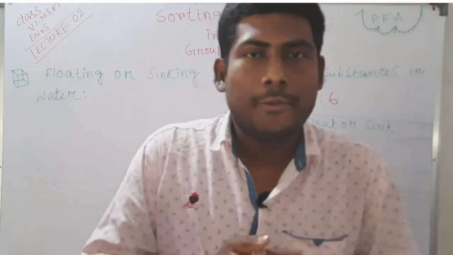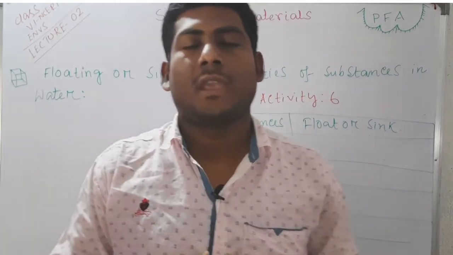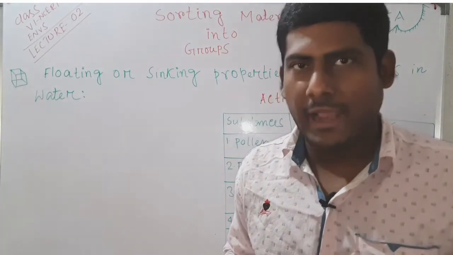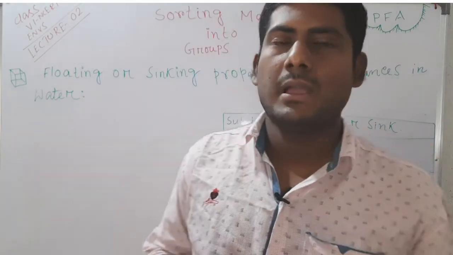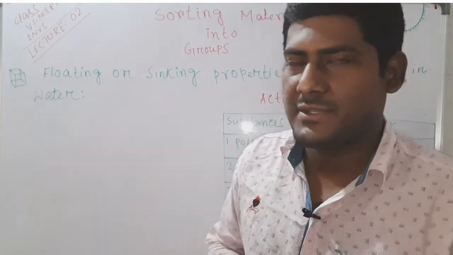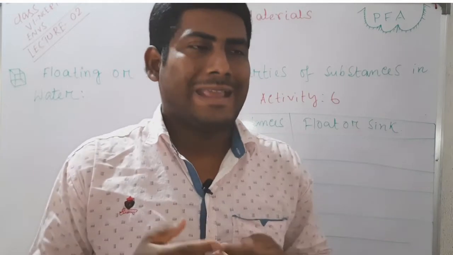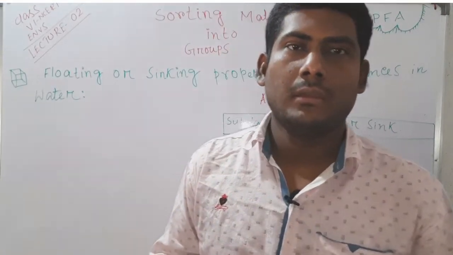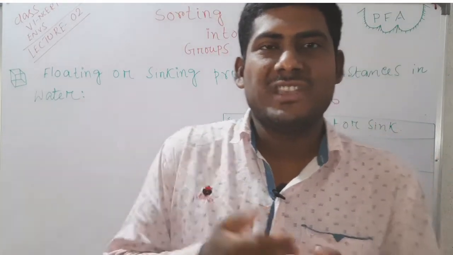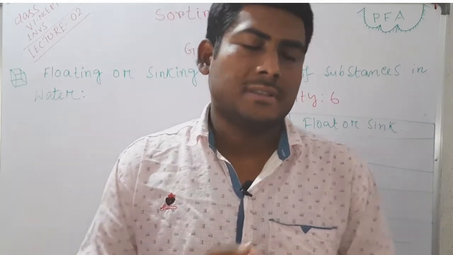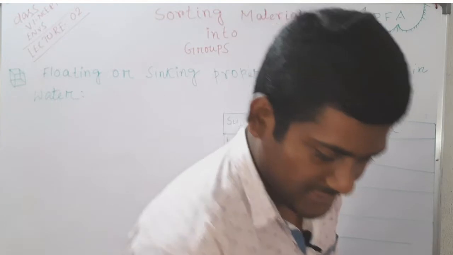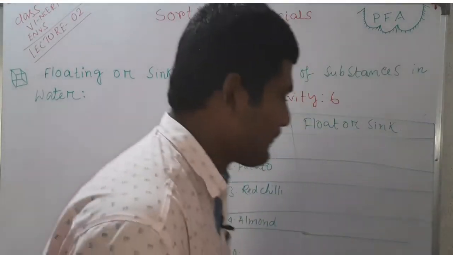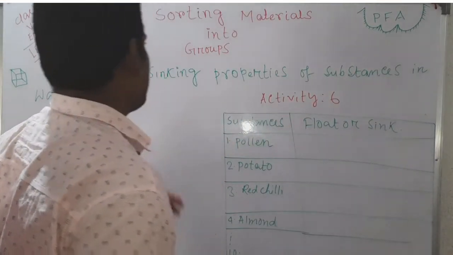Now we will see another activity, which is activity 6, and in this activity we will test the floating and sinking properties of substances in water. So let's start the discussion.